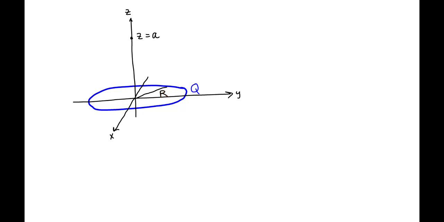Remember, we already know how to calculate the electric field due to a point charge. The electric field due to a point charge as a function of the distance away from that point charge is equal to k, q being the value of the point charge, over r squared.